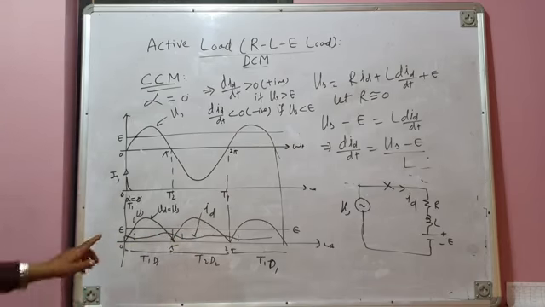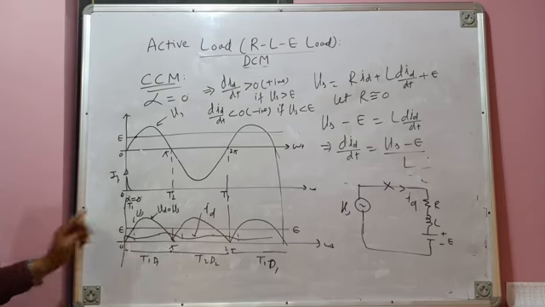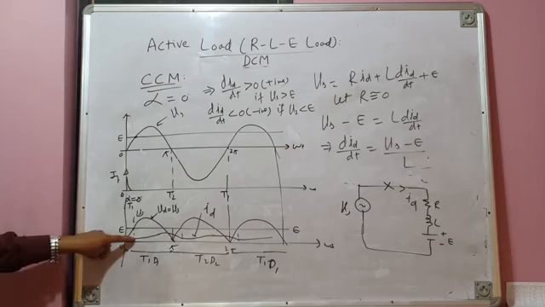So therefore, although your thyristor T1 D1 was fired right at omega t equal to 0, current does not start rising from the instant the thyristor is conducting. Current first falls up to this point and then it rises.